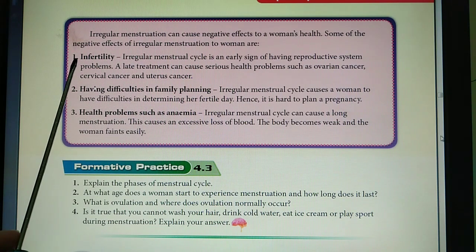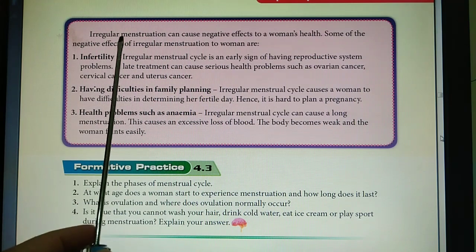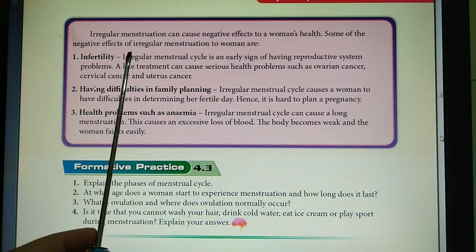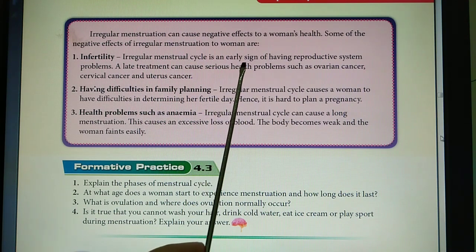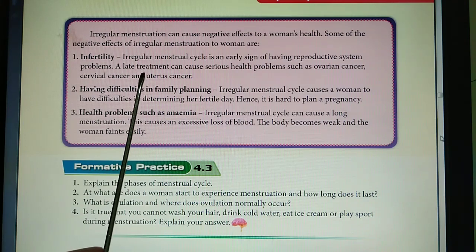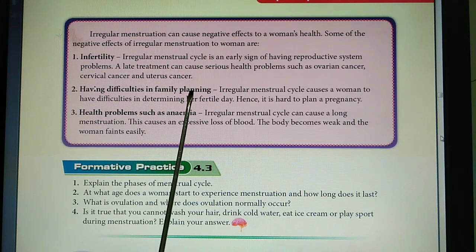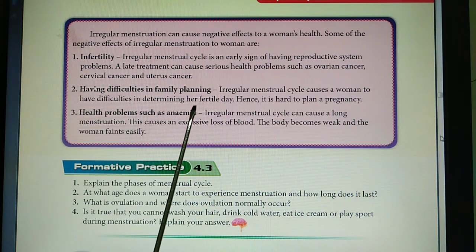For example, the negative effect here, infertility. What is the meaning of infertility? You cannot become pregnant, meaning that your reproductive system has a problem. Having difficulties in family planning causes a woman to have difficulty determining her fertile day, and it is hard to plan a pregnancy.